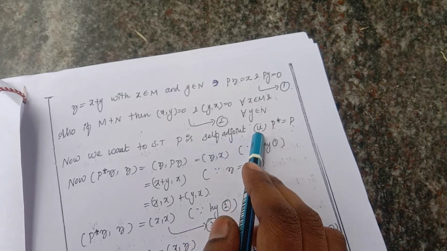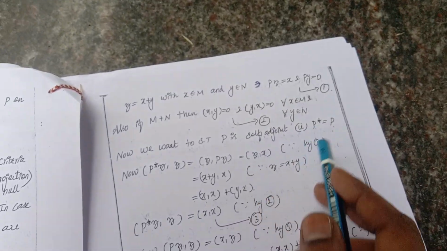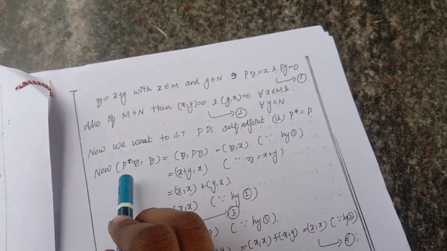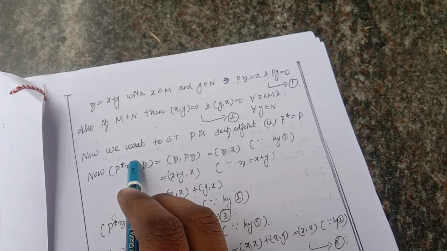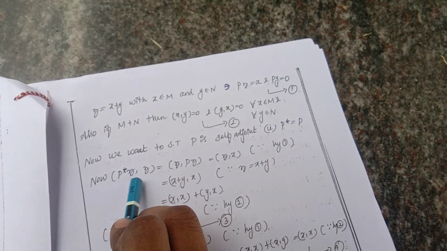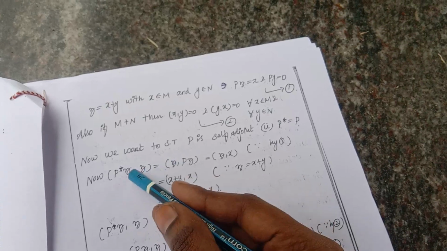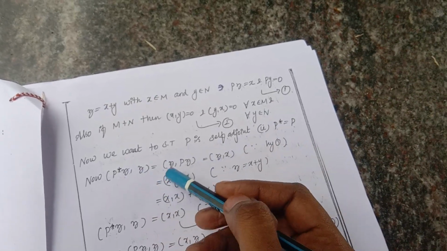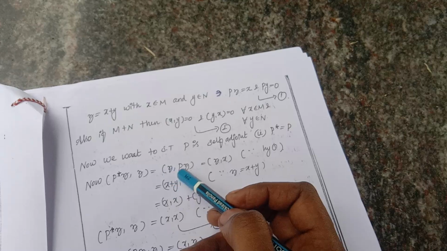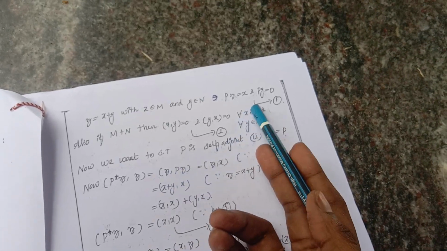We have to prove that P is self-adjoint, that is P star equal to P. Then (P star Z, Z) is, since P star is P, we take (P Z, Z), and P Z equal to x.